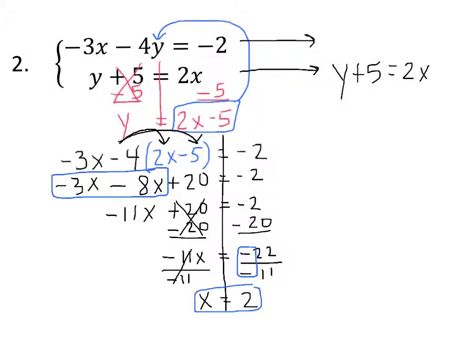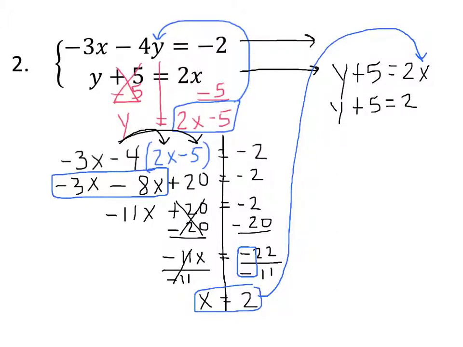Now please note, I could use the top equation and it should still work, but we're going to use y plus 5 equals 2x, and we're going to take x equals 2 and substitute it in for x, so that we would now have y plus 5 equals 2, but instead of putting an x there, I'm going to put the number 2 because we just said x equals 2. And then we can solve for y.